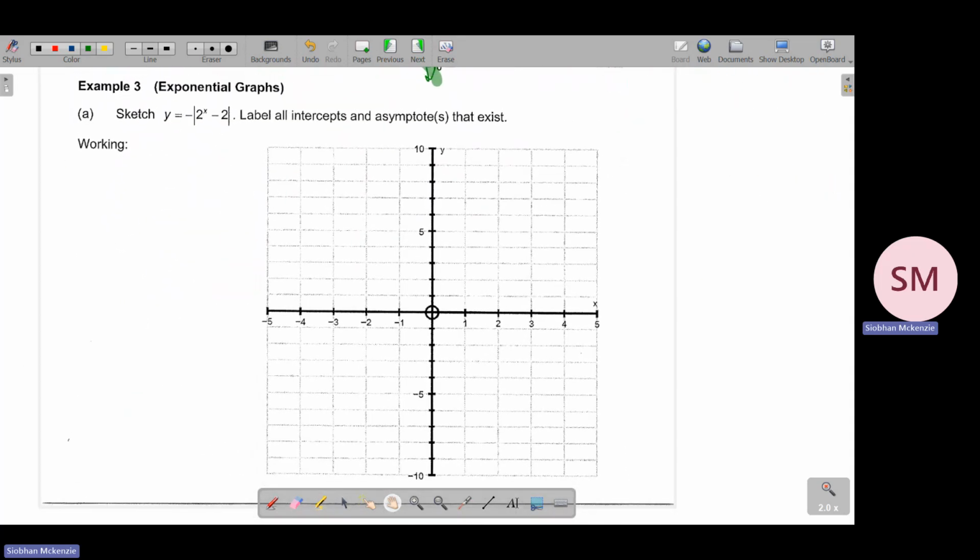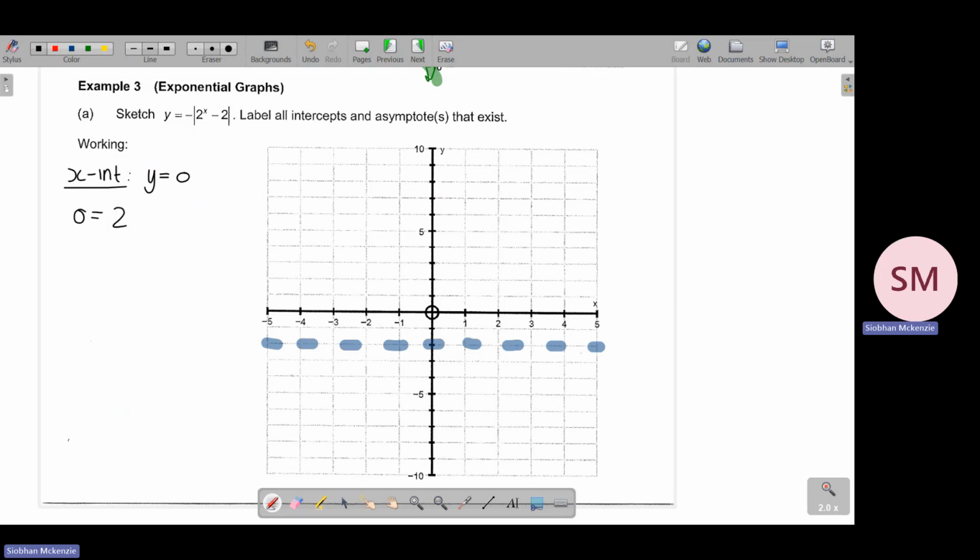Okay, what's our first step? Exponential, okay. So this exponential graph, what can you tell me first about it? The horizontal asymptote is negative 2 over here. Then we have to find an x-intercept because we know it's going to exist, because it's been shifted down. So we find the x-intercept by making y equal to 0.